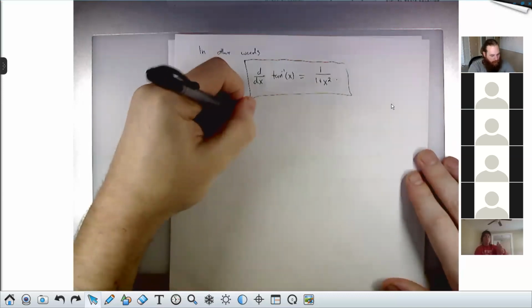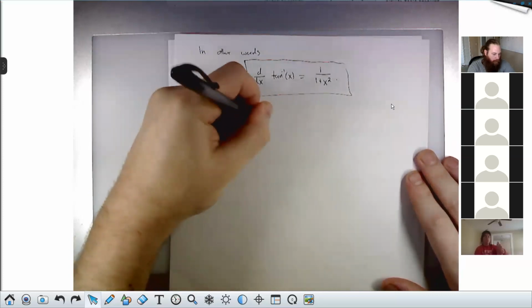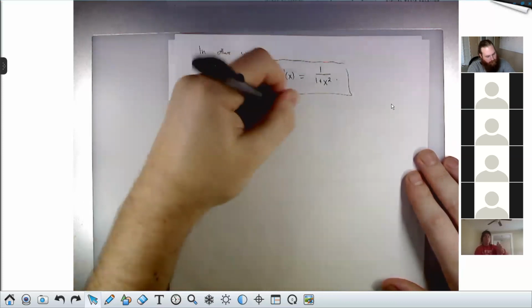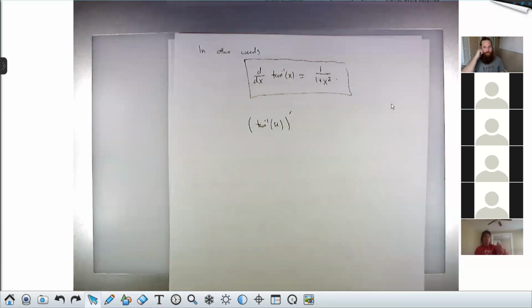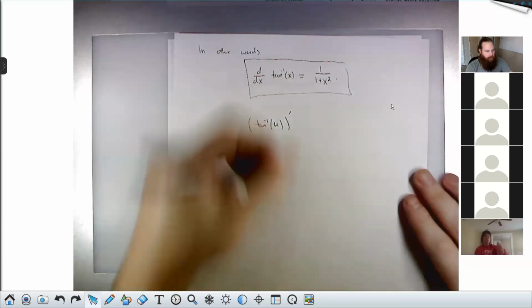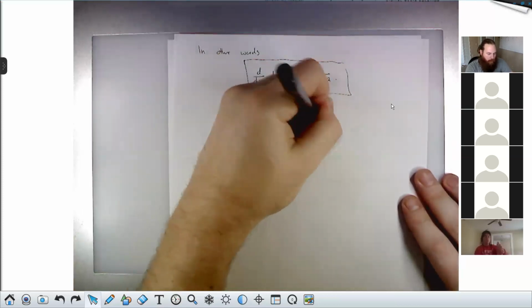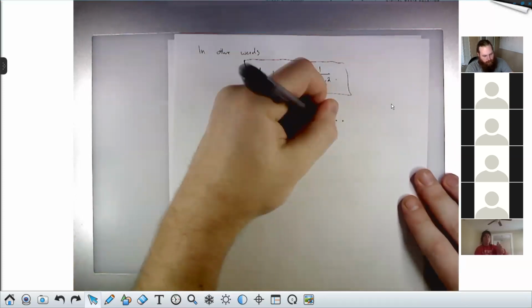Well, what if I wanted to look at a general form of the derivative here? So if I assume that u is a function of x, then the derivative of the inverse tangent of u, I follow my formula, it should be 1 over 1 plus u squared times the derivative of u.